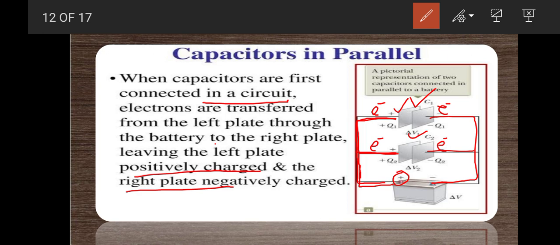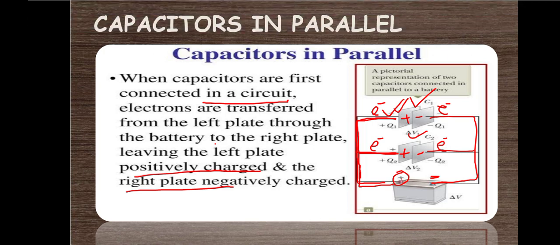As the electrons leave the first plate, the plate is left with positive charge and electrons get accumulated on the second plate, so they will get negative charge. That's how it will be. So the plates joined with the positive terminal will get positive charge and the plates joined with the negative terminal will get negative charge.